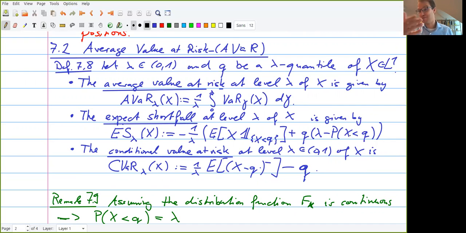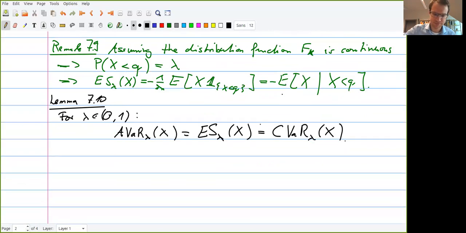As indicated already by the title of this section, this is all the average value at risk. But you have here a nice interpretation by expected shortfall or conditional value at risk. Okay, so we need to show this. Let's do this.